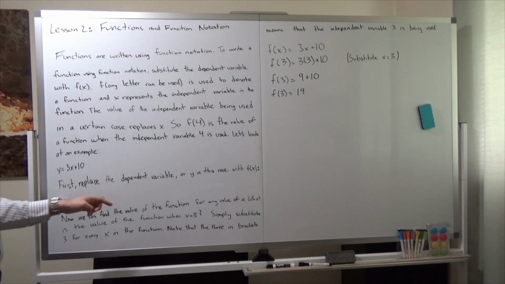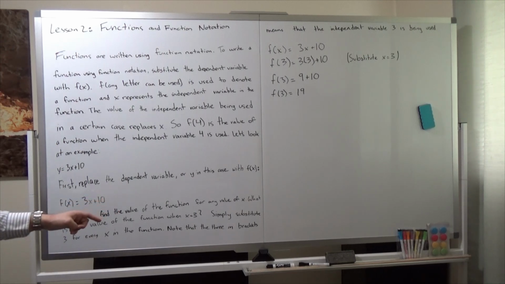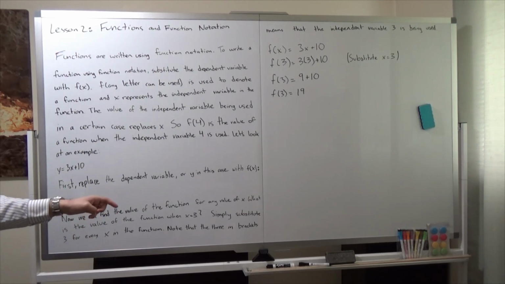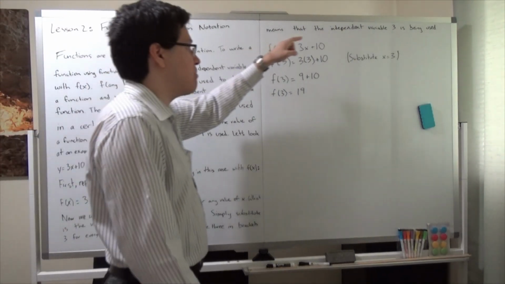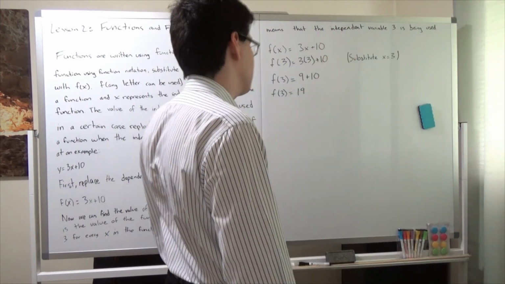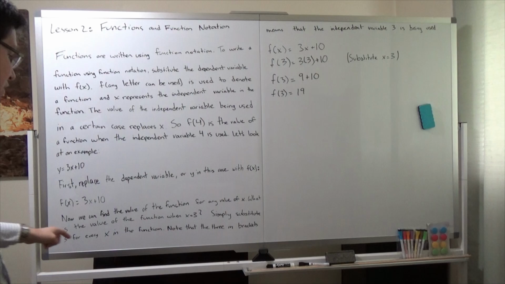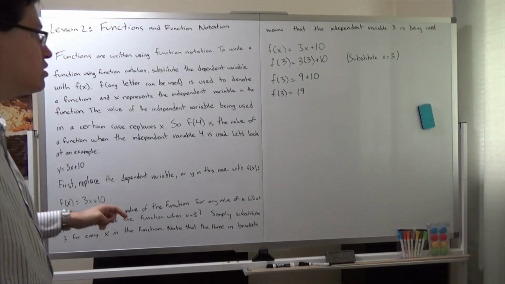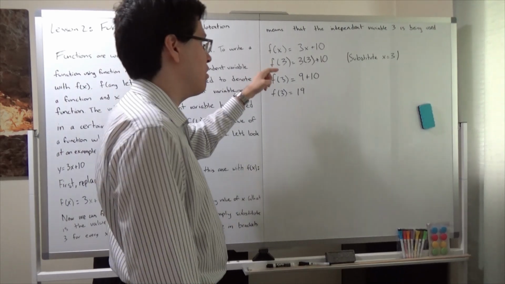What is the value of the function when x equals 3? Simply substitute 3 for every x in the function. Note that 3 in brackets means that the independent variable 3 is being used. So we substitute 3 for every x in the function in order to determine the value of f at 3.